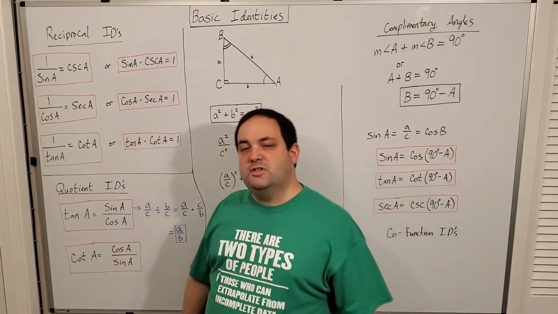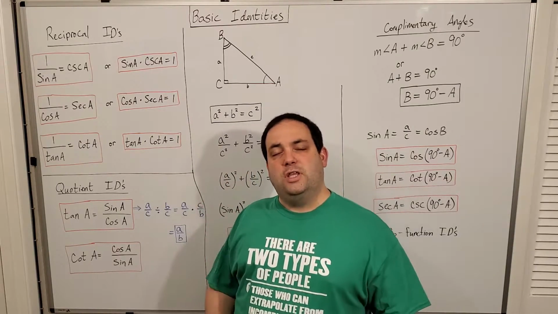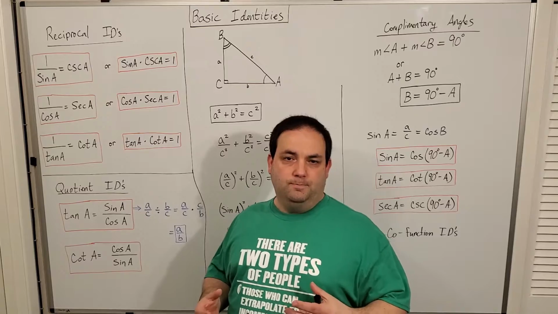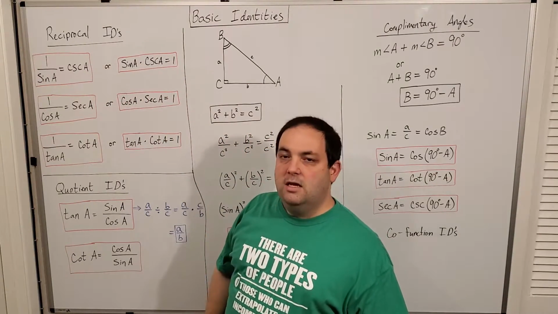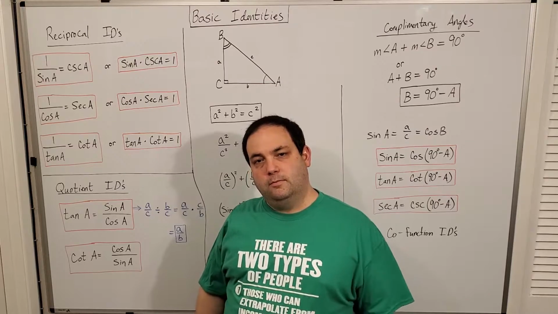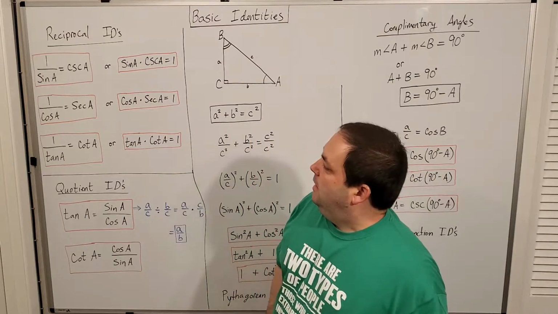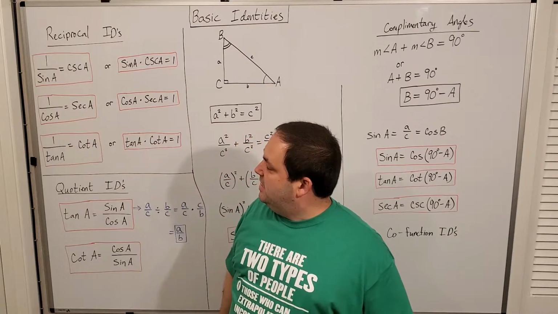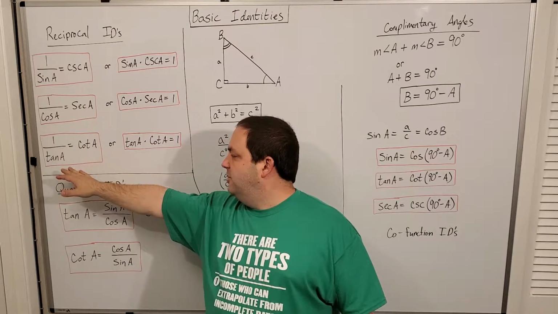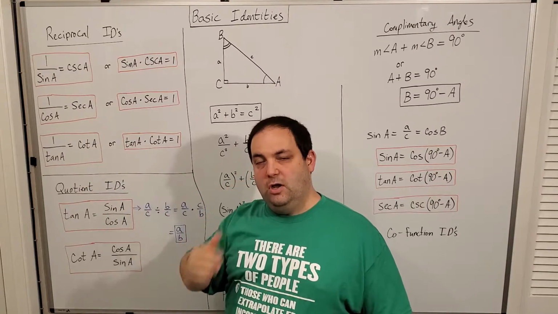Another way of writing a reciprocal is two things that multiply to equal 1. So the sine of A times the cosecant of A will equal 1. Okay? 1 over cosine of an angle is the secant of an angle, and 1 over tangent of an angle is the cotangent of that angle.